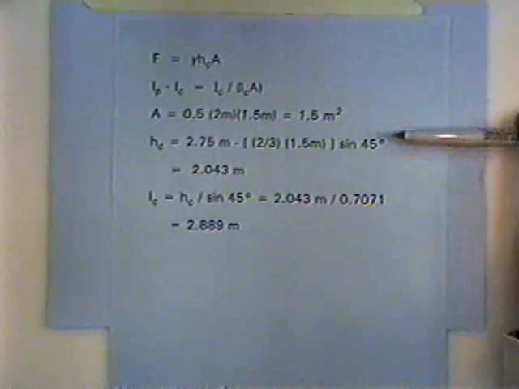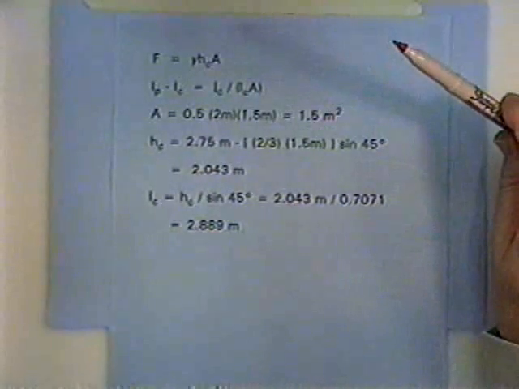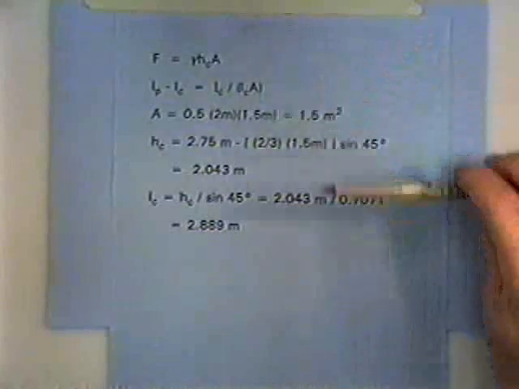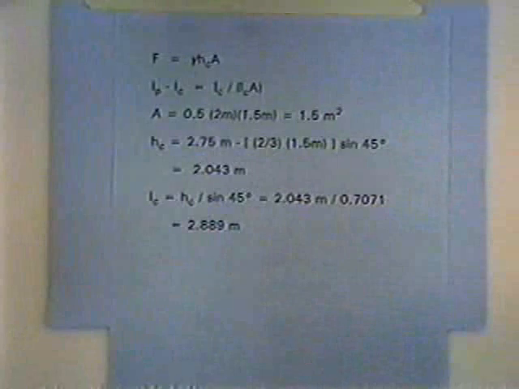Now that vertical head, that vertical length of the fluid column, is measured from the water surface to the center of gravity of the plane surface, and we're given the dimension from the water surface to the bottom of the plane surface, the 2.75 meters. So this is geometry again, and trigonometry.